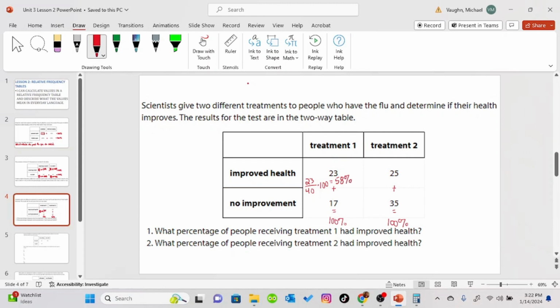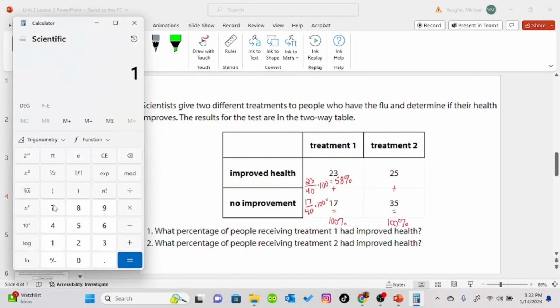Now on the bottom left box, we're going to take 17, divide it by that same 40, and multiply by 100 to get our percentage. And that's 42.5%.